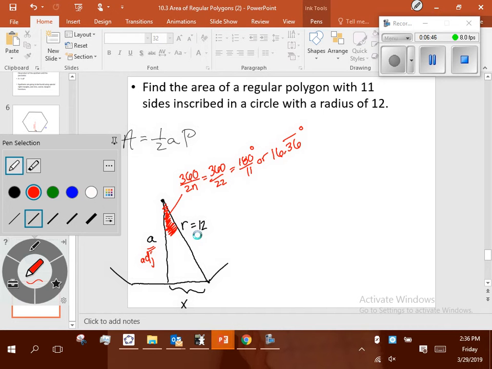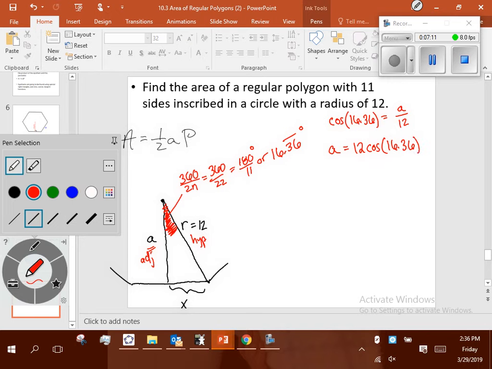What would 12 be? Hypotenuse. Which trig ratio, sine, cosine, or tangent, uses adjacent and hypotenuse? Cosine. So I'm going to say cosine of 16.36 is equal to A over 12.